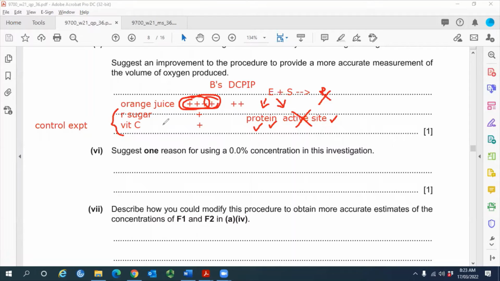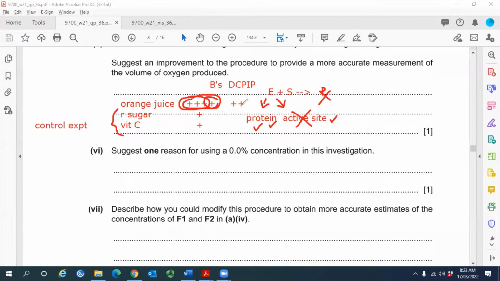So this control experiment will inform you that, okay, for your Benedict's test of orange juice, whatever color you get is an overestimation already. The actual one should be less. How less? We do not know. Same as for the DCPIP test.